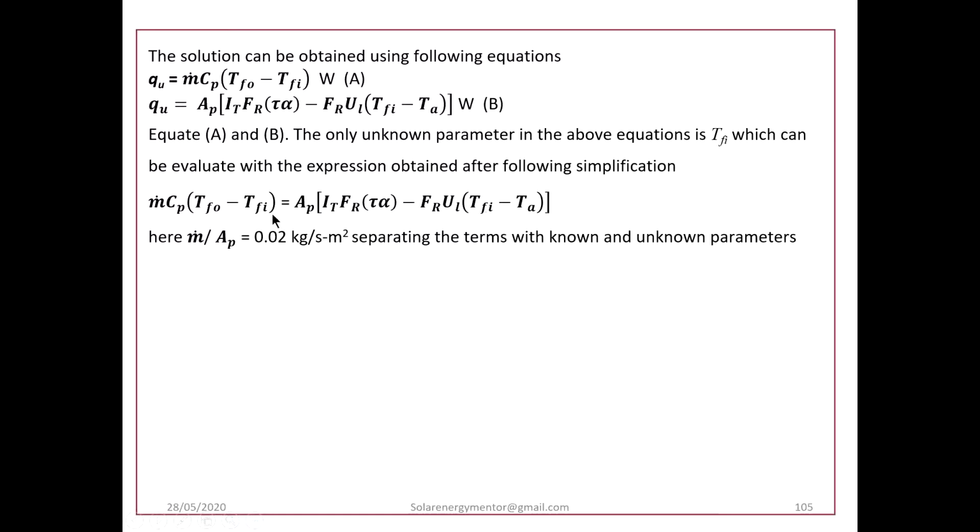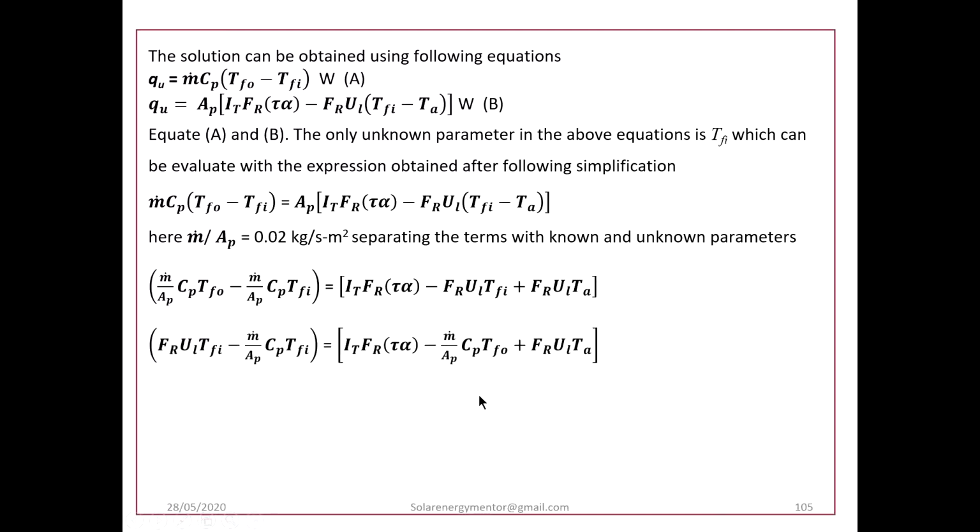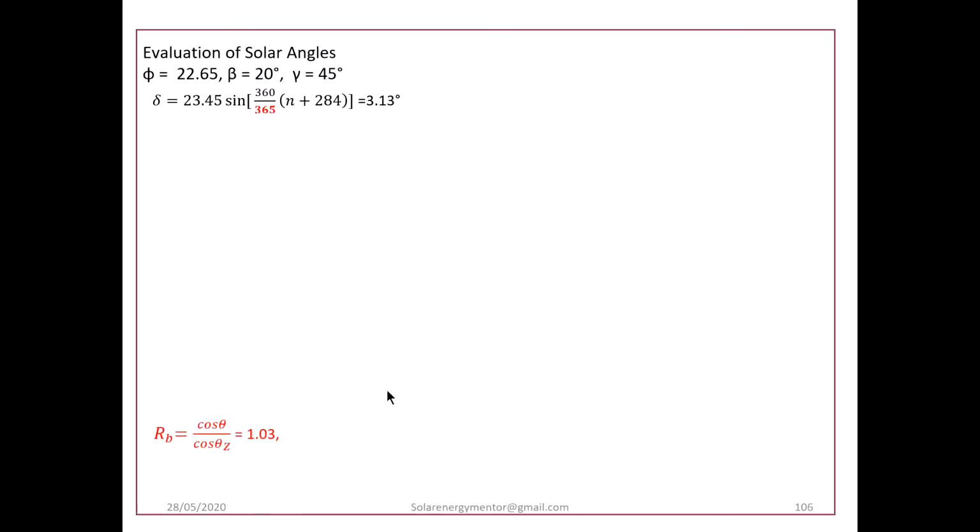So the only unknown will be TFI. We have to simplify these expressions. So m dot Cp is given, so everything is known. We can further simplify in the next step: separate the terms having TFI, separate the coefficients of TFI here, and then finally we get an expression for TFI. So using this expression of TFI, we can calculate the collector fluid inlet temperature.